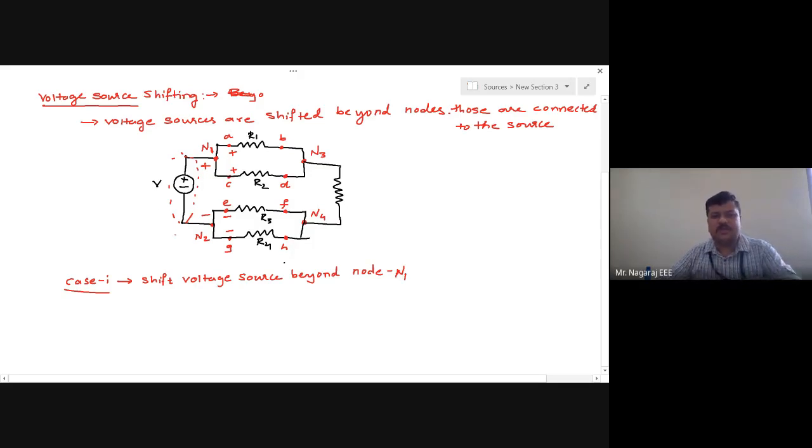The original branch has to be made 0. The source value in that branch should be made 0. Now, if it is a voltage source, how can I make the voltage 0? Where does the voltage 0 exist, under short circuit or under open circuit?